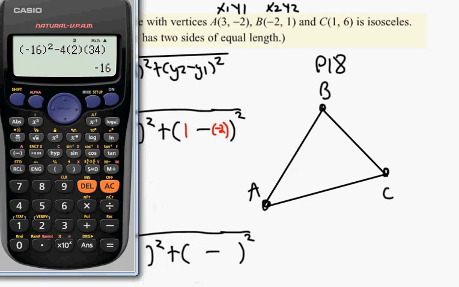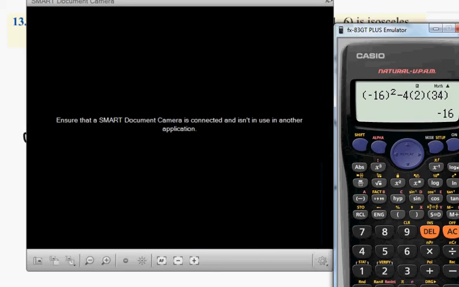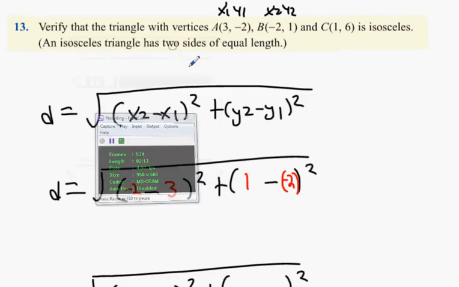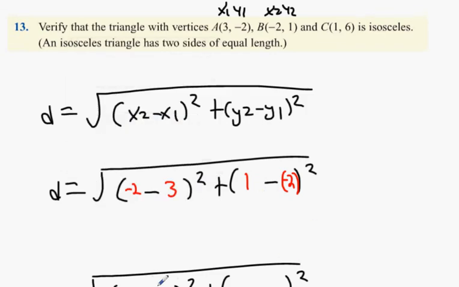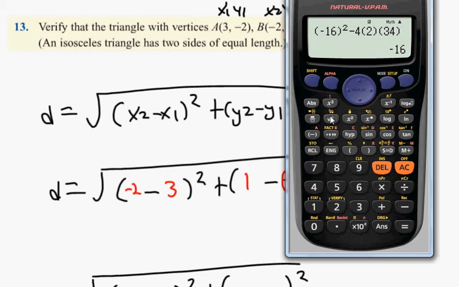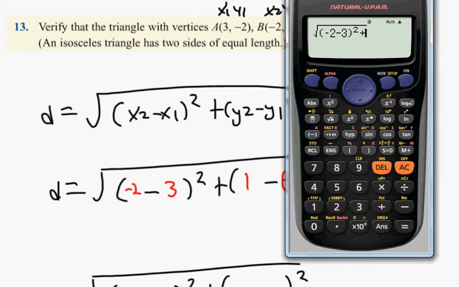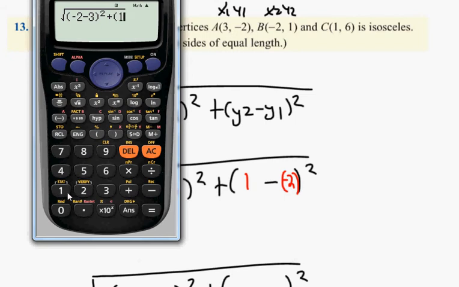You then go to your calculator. Okay, guys, once you have this in the calculator: square root, open up the brackets, minus 2 minus 3 squared, plus the other side, 1 minus, open up the brackets, minus 2, close and square.